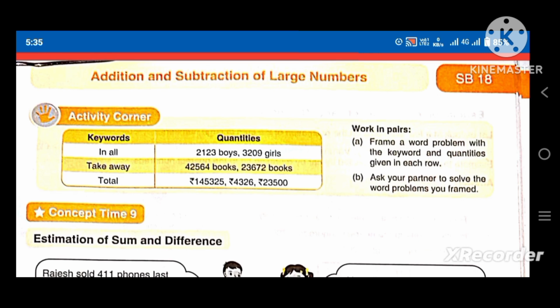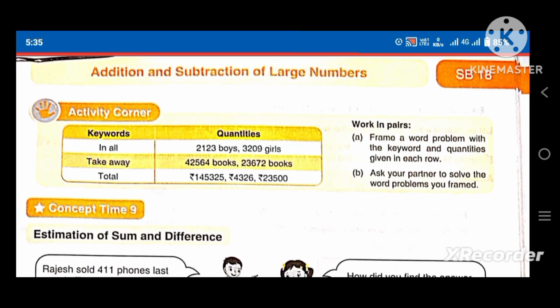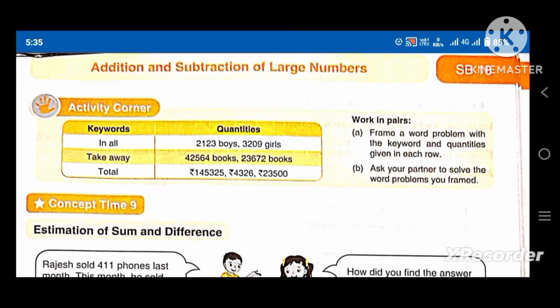Addition and subtraction of large numbers SB-18. Activity corner.